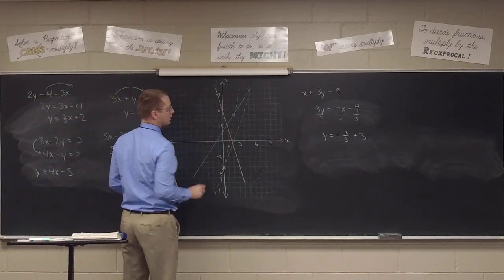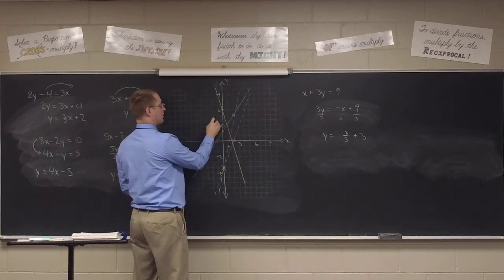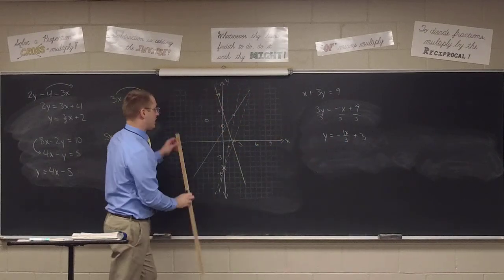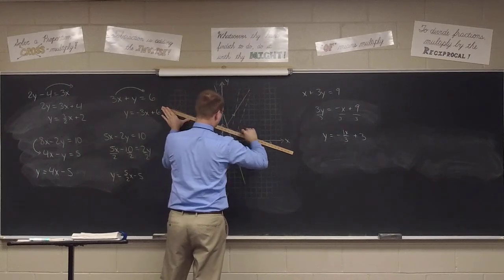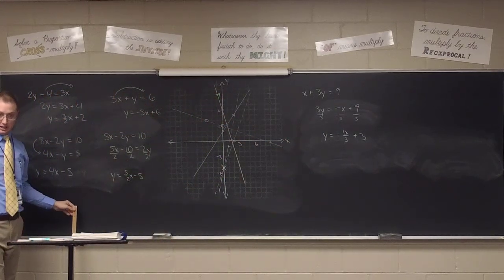Good. Good. Excellent. Up 1, but he didn't say the 1, but he knew it was there, and we should have gotten a line something like that there on our second graph. Did we get a line like that?